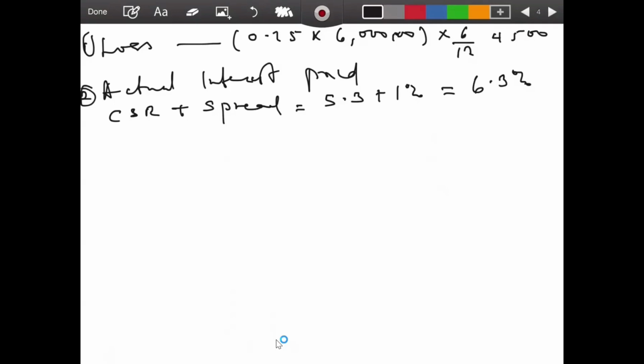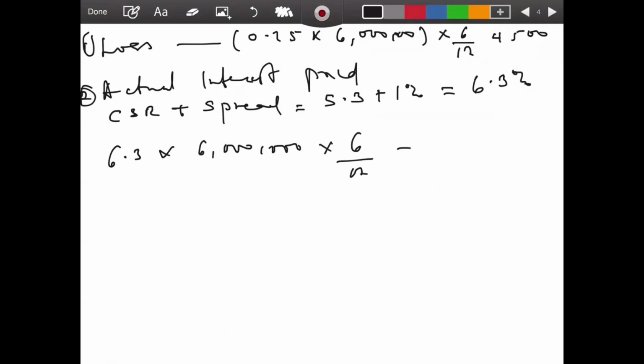So without the contract, the company would have paid interest at 6.3%. In monetary terms, this will be 6.3% times 6 million times the loan tenor of 6 months, 6/12.